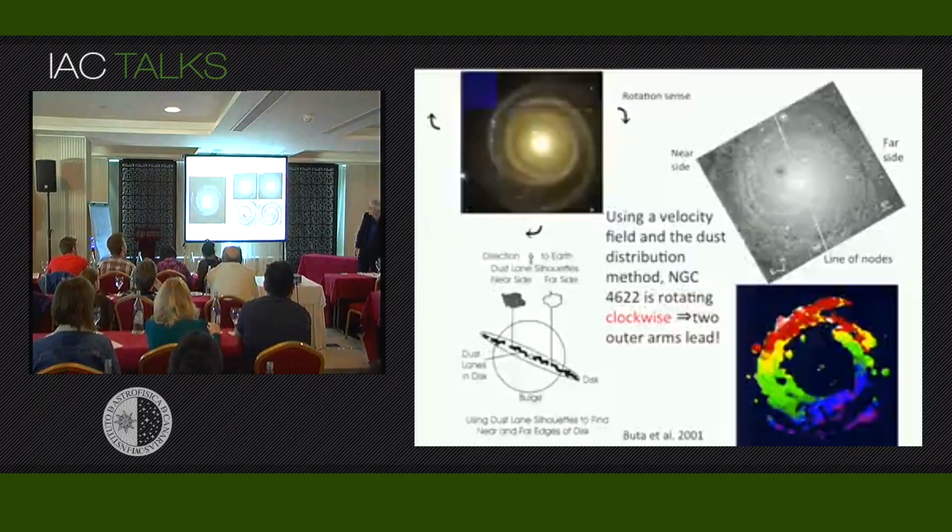And so the north side of the galaxy is receding. But that's not sufficient information to tell you which way the galaxy is turning, because that's what you want to know. Is it turning clockwise or is it turning counterclockwise? And you have to use the near side, far side dust asymmetry approach.